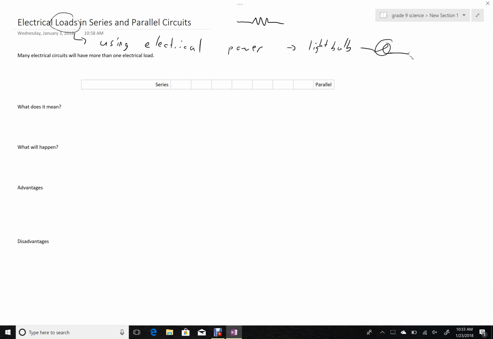Okay, so series and parallel. First of all, what does it mean to be in series, or what does it mean to be in parallel? Series means in a line. So two resistors that are in series looks like this in a circuit.